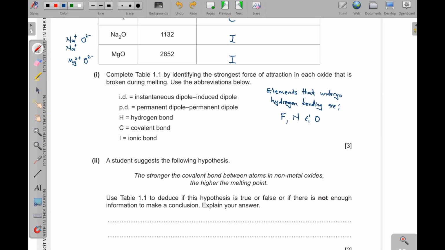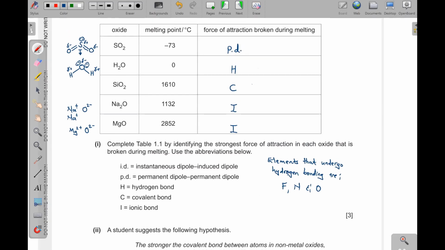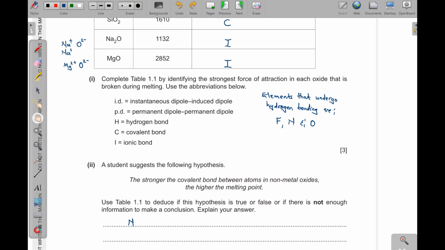Not enough information. Why? Because one satisfies. We can see this one satisfying. There are strong covalent bonds and then there is higher melting point. So I would say not enough information. They would have given us very many more. Not enough information.